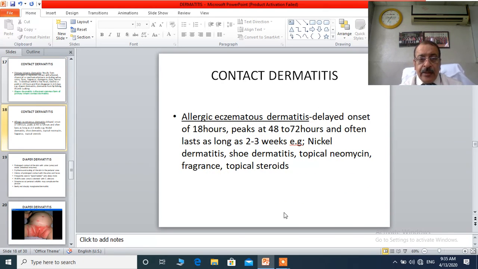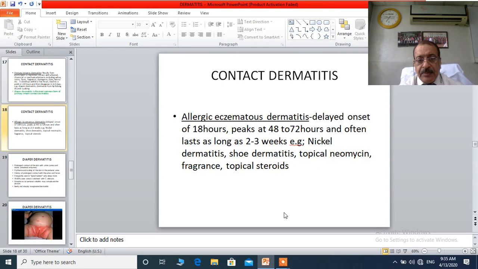On the other hand, the allergic eczematous dermatitis has delayed onset after the contact with the triggering agent, and the symptoms may begin after 18 hours and then ultimately they peak at 48 to 72 hours, and they may last longer than 2 to 3 weeks.